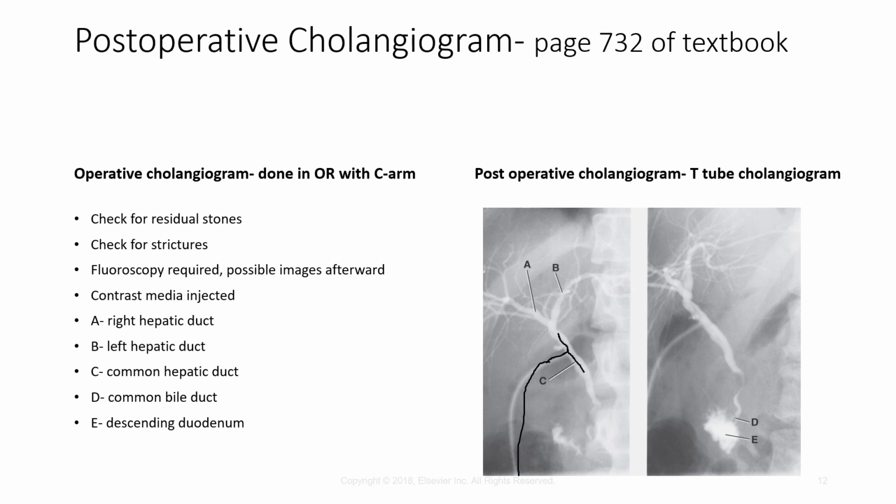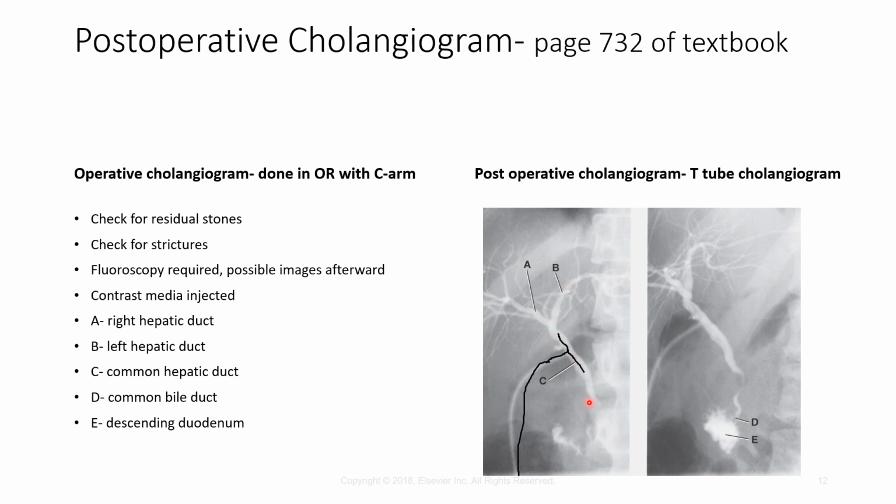It literally looks like a T. So this part comes outside the body. And after surgery, the patient would come down and the radiologist would inject contrast media into the patient through this T-tube and basically watch under fluoro while it flushes any residual stones out.